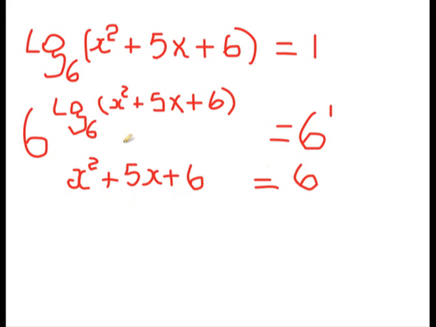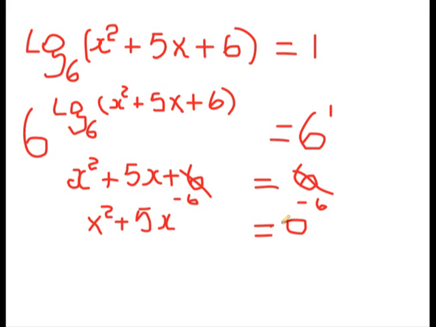So what I can do, it's simple. I can just put minus 6 to the two sides. So I'm gonna have x squared plus 5x equals 0.